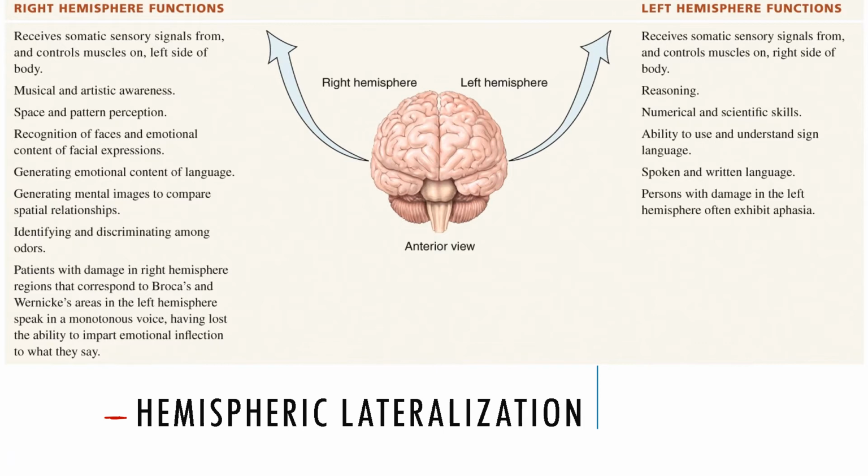Now, despite some dramatic differences in function of the two hemispheres, there is considerable variation from one person to another. Also, lateralization seems less pronounced in females than in males. And this is going to be very prominent both for language in the left hemisphere and also for the visual and spatial skills in the right hemisphere.